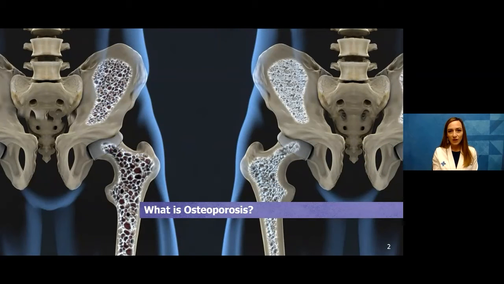So the first question we should all be asking is, what is osteoporosis? That's why we're here, right? So I have two pictures here, one on the right, one on the left, and you can see the one on the left has these big open holes in the bone versus the one on the right feels like a really tight-knit structure. So one on the right's kind of like a nice piece of bread, lots of dense material there, versus one on the left looks a little bit more like Swiss cheese with way more holes than cheese, right?